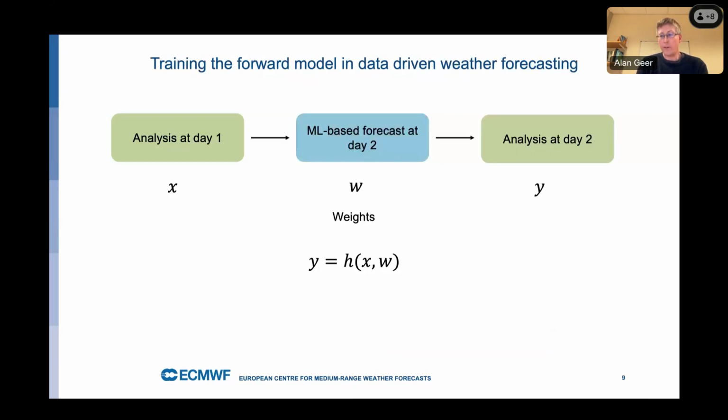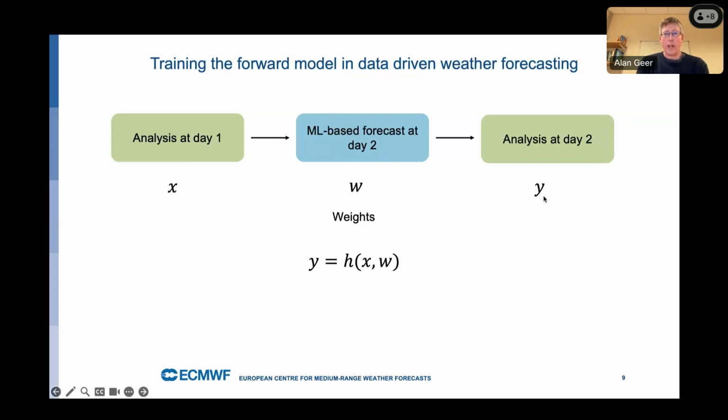So for data-driven weather forecasting, we're training a machine learning model between states X and Y, which in this case are the analysis at day 1 and day 2 in this example. And here W has the meaning of the weights of the neural network, but it's the same basic equation that we can write down. And X is exactly the same as in the physics-based version.